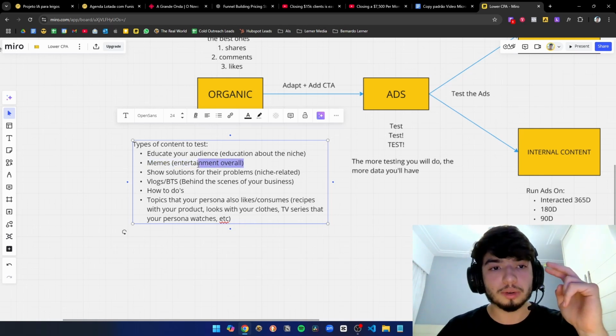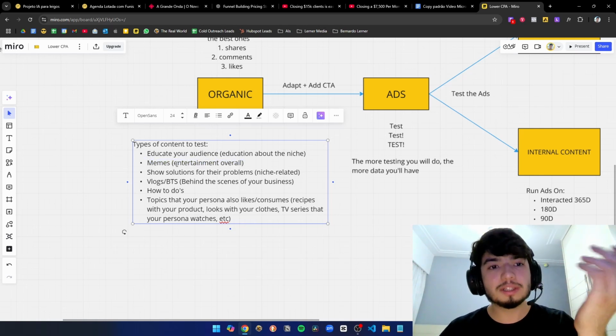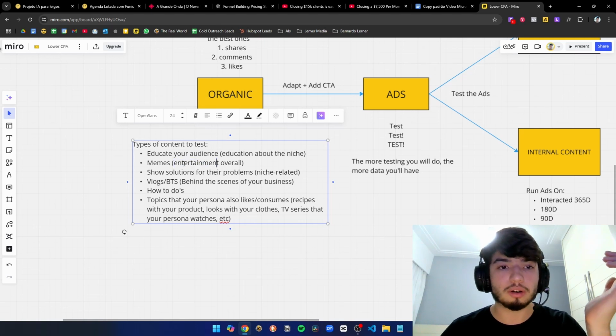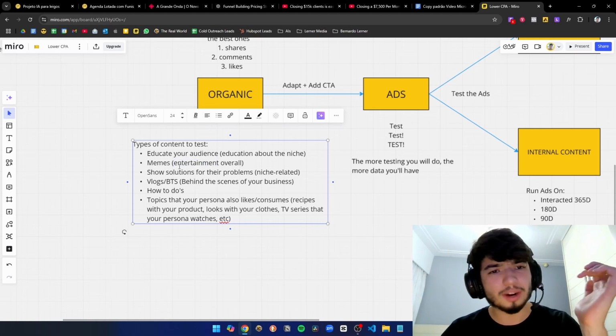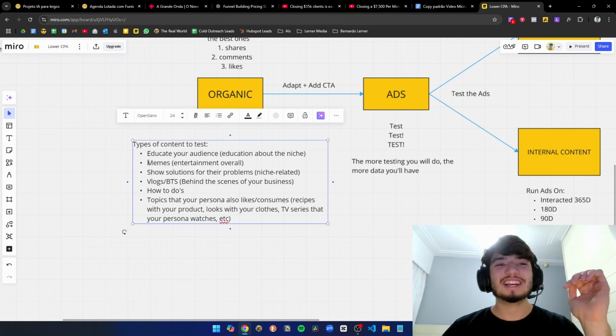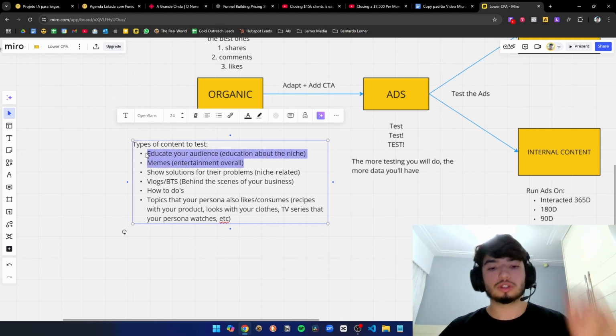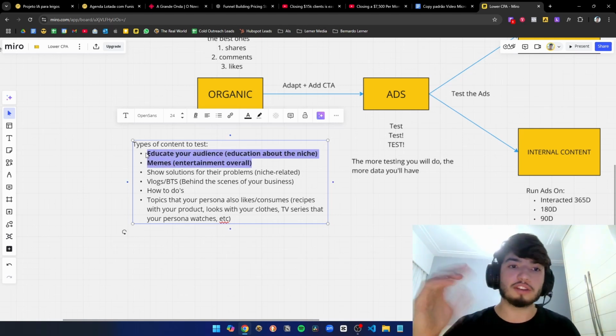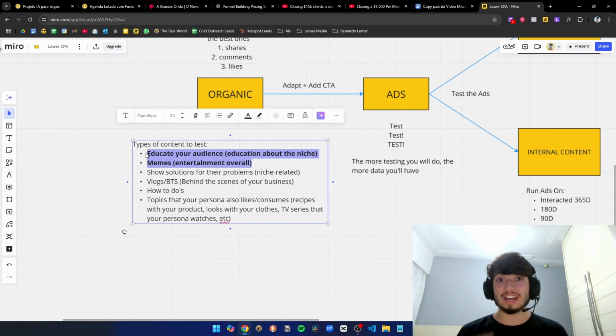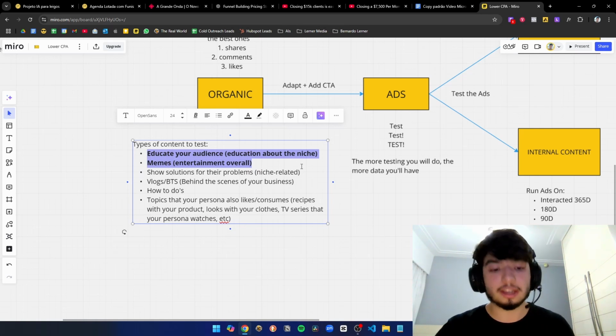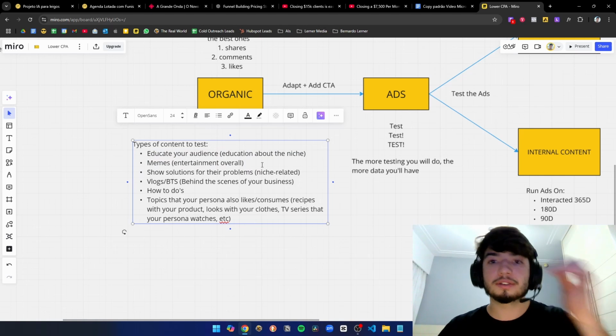A second type of content you can do is memes. Memes, just an example, but entertainment overall. Is it written right? I don't know. Whatever. Basically, by creating humor and joining it with education, if you make educational memes, that's a really good thing. That can go viral really fast.